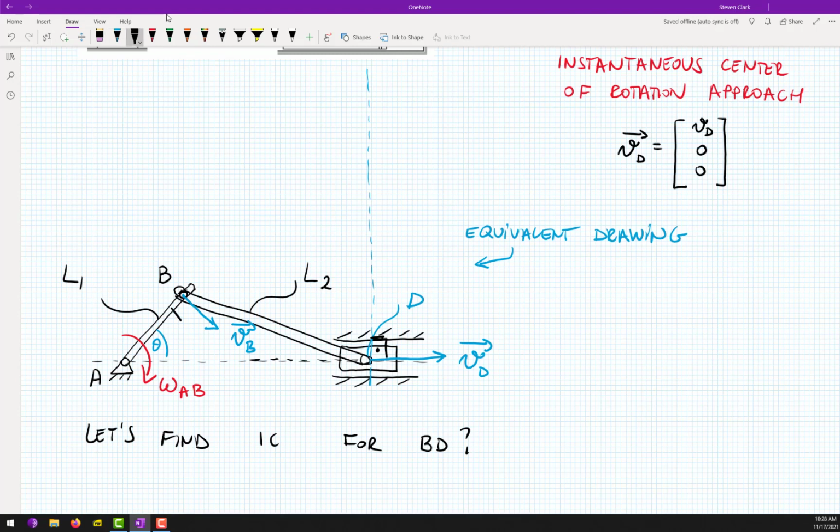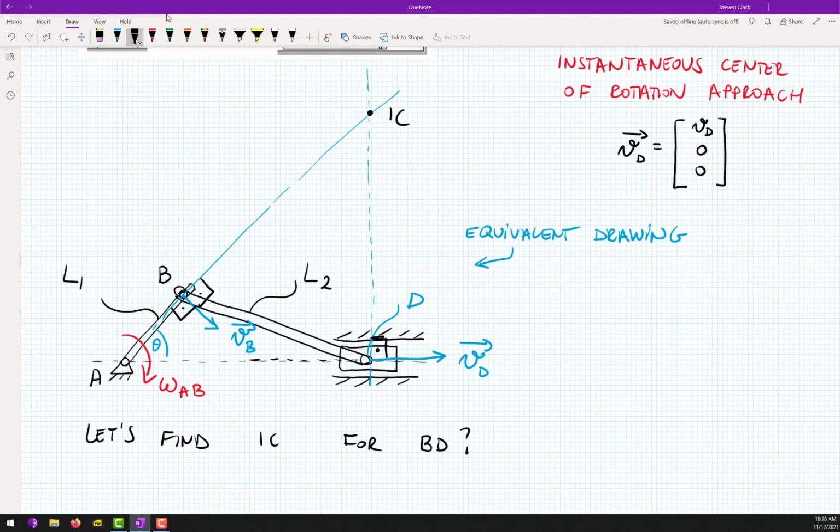And this is 90 degrees. So I must just extend AB. So this is our IC. Great. So now what?